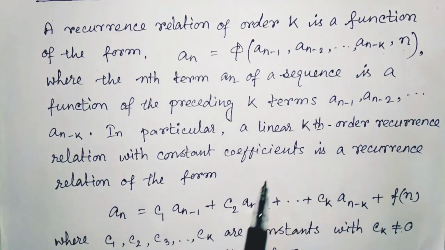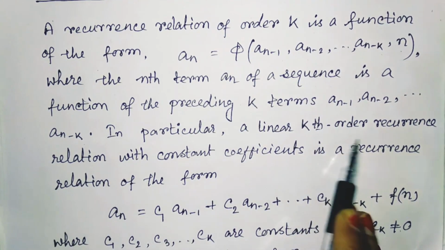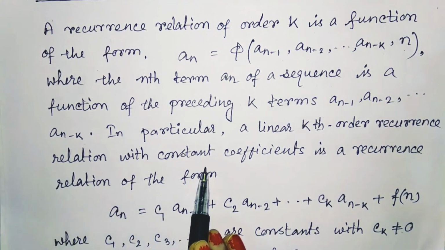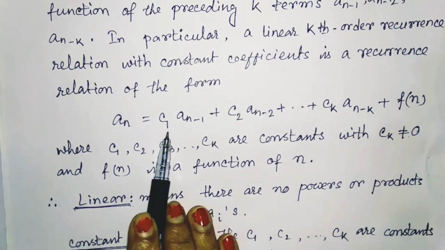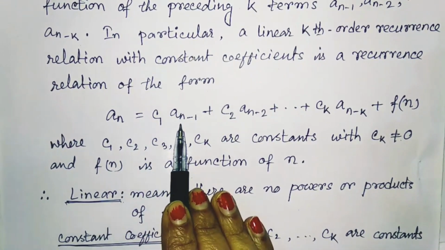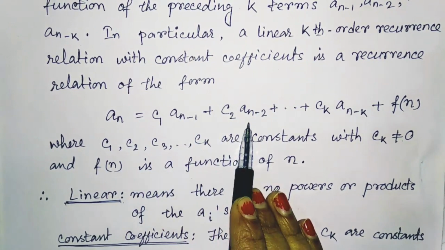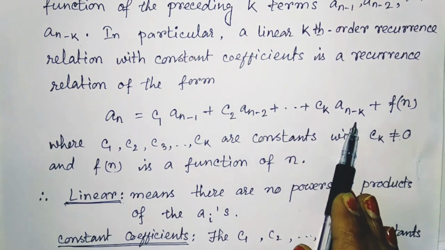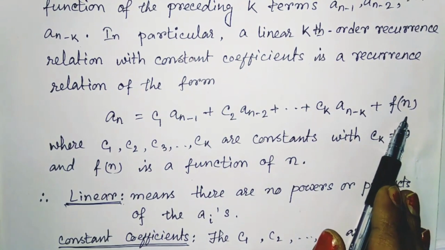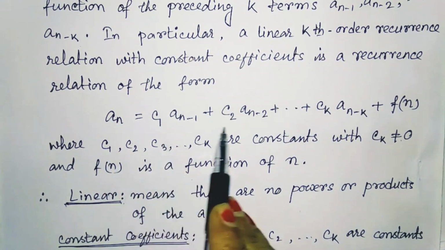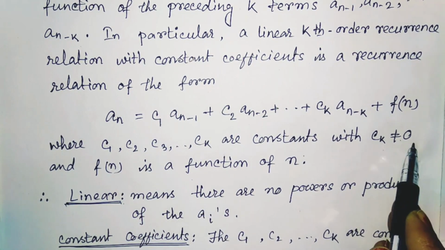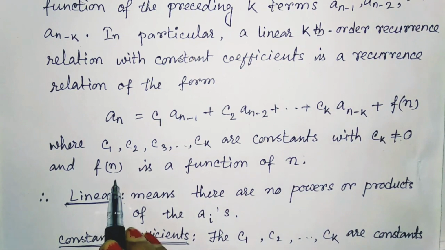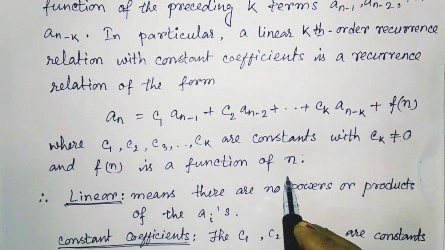In particular, a linear kth order recurrence relation with constant coefficients is a recurrence relation of the form an is equal to c1 into an minus 1 plus c2 into an minus 2 up to ck into an minus k plus f of n, that is a function of n, where c1, c2, up to ck are all constants, where ck is not equal to 0, and f of n is a function of n only.